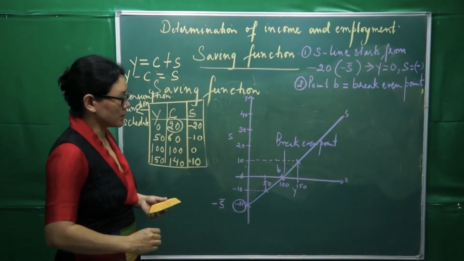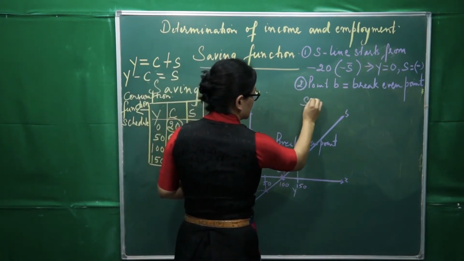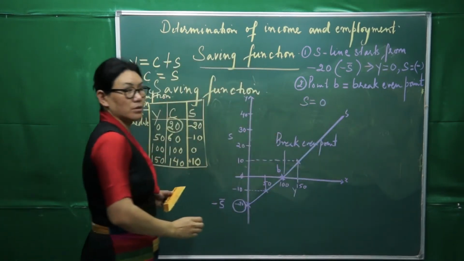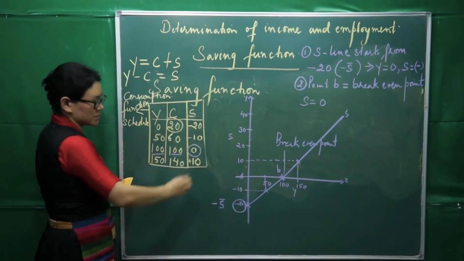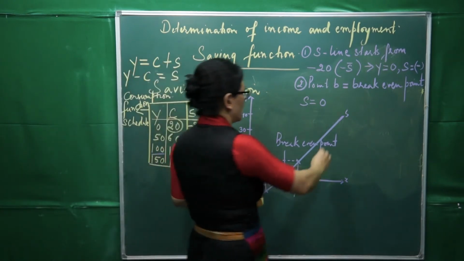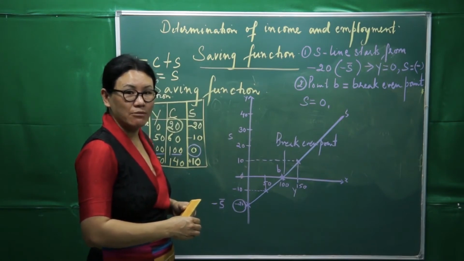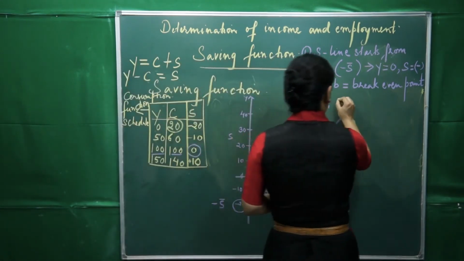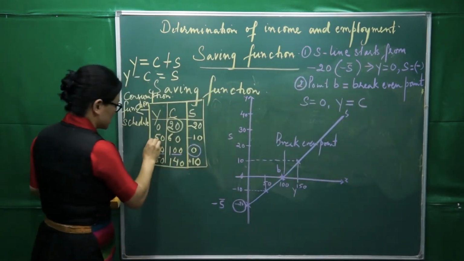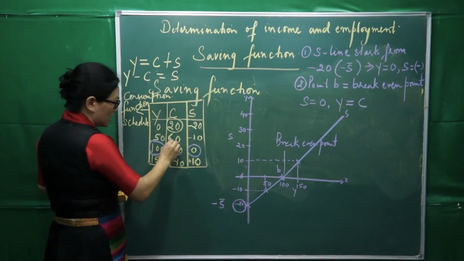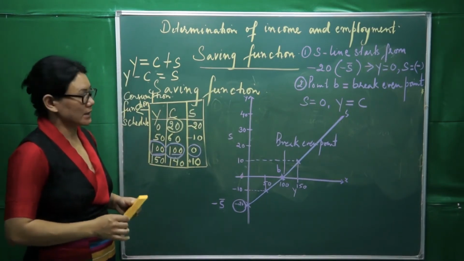What is happening here? So at this, S is equal to 0. So what is happening to the saving? It is 0. When saving becomes 0, Y is equal to C. So we have income 100 and consuming 100. So there will be no saving. Is that clear? Okay.